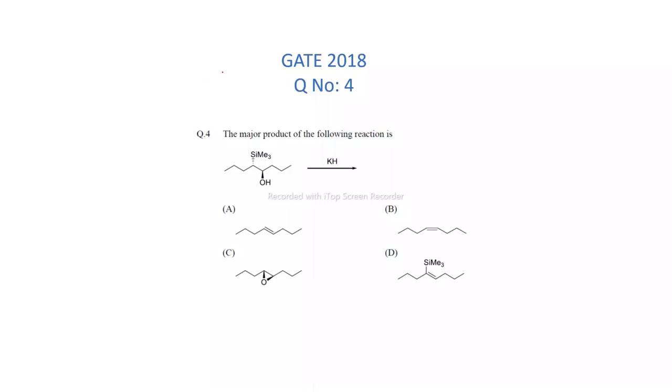Now we will solve one question from GATE 2019, question number 4. First read the question and try to tell me what will be the answer, A, B, C, D. Can anyone tell me the answer?